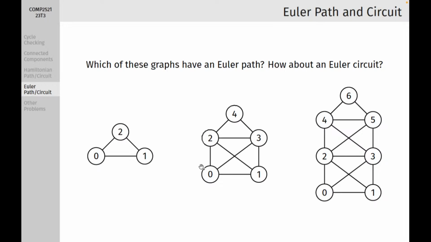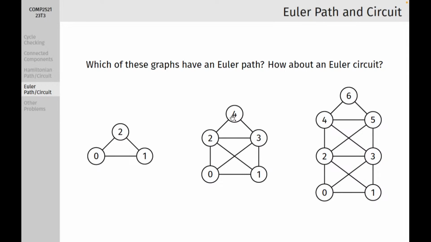Let's look at this middle graph here, and the degrees of each vertex. The degrees of 0 and 1 are 3, since each of these vertices has 3 neighbors. The degree of vertices 2 and 3 is 4, and the degree of 4 is 2.